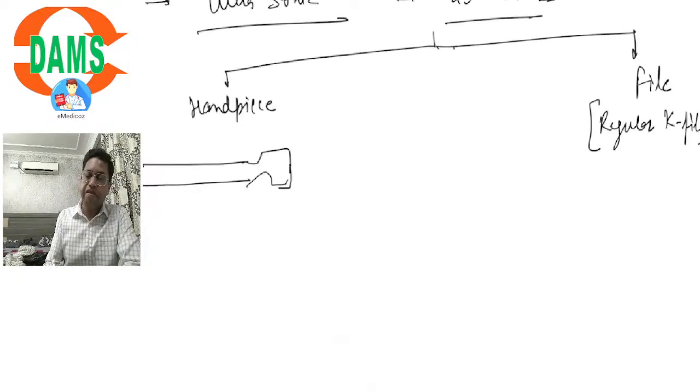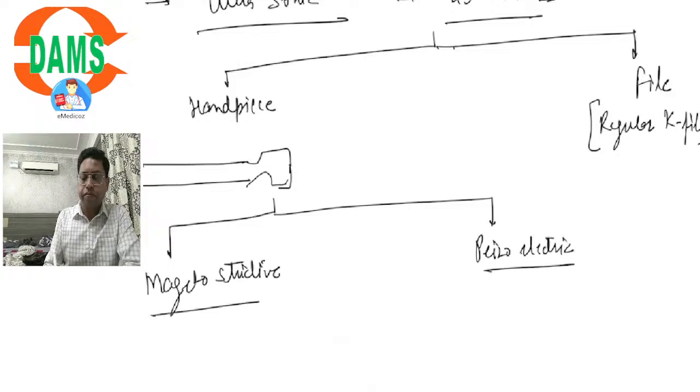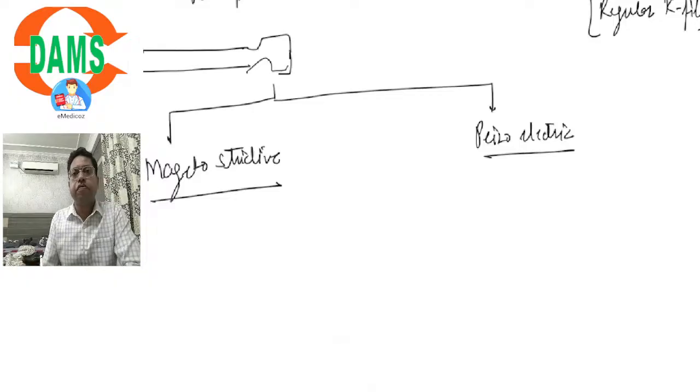These ultrasonic handpieces are of two types: magnetostrictive and piezoelectric. From your perio lectures also you must know that two types of ultrasonic scaler handpieces are available, the magnetostrictive and the piezoelectric.